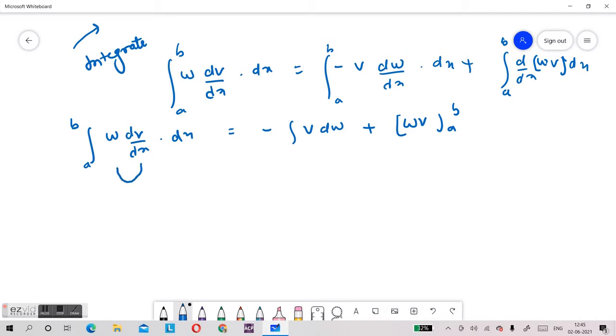Now the differentiability has shifted to w, and v becomes alone, with no differentiability. So we shift the differentiability of v to w.